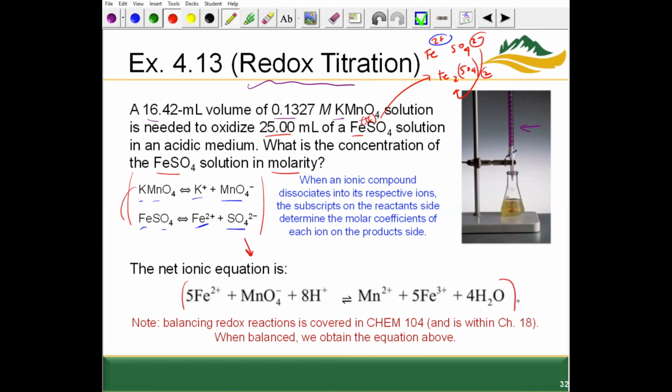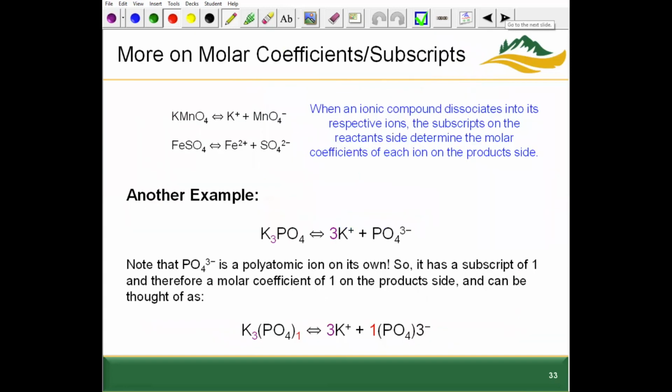So when all electrons have been transferred, everything's been oxidized and reduced that can be, this turns out to be our net ionic equation. We'll get into balancing redox reactions in Gen Chem 2. So just as a heads up, this is our balanced redox reaction, but we won't be balancing redox reactions in this semester. This is the same slide I showed you earlier.